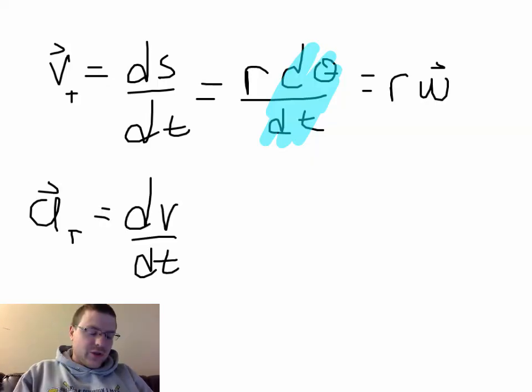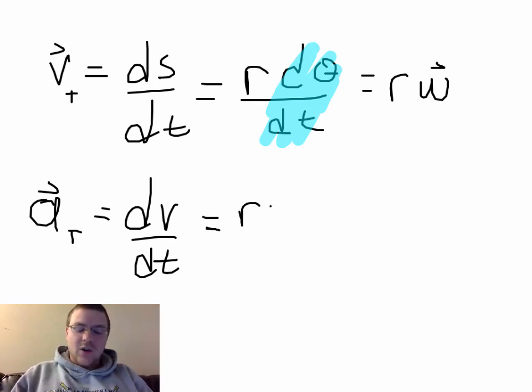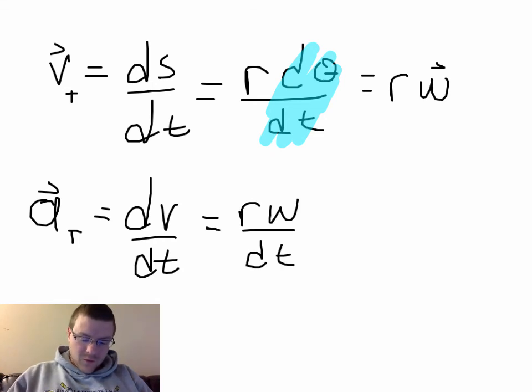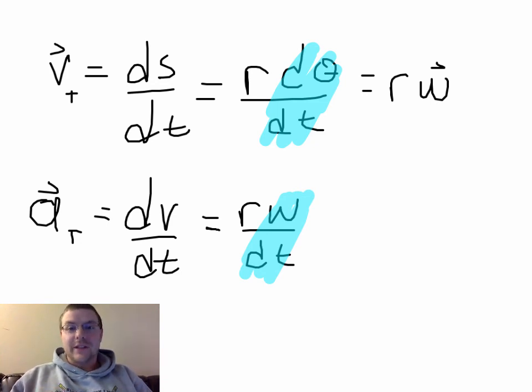Since straight line tangential acceleration is dv over dt, we know that straight line velocity now is r omega. And from before, if omega is changing with time, we know that we are angularly accelerating, which means that straight line acceleration can just be found by r alpha.